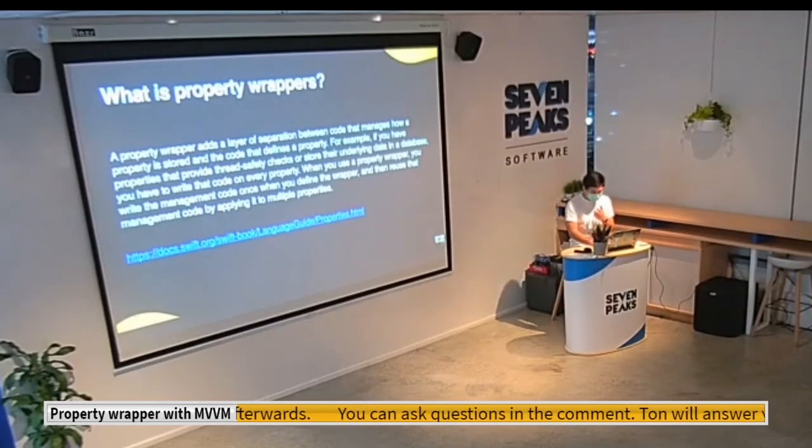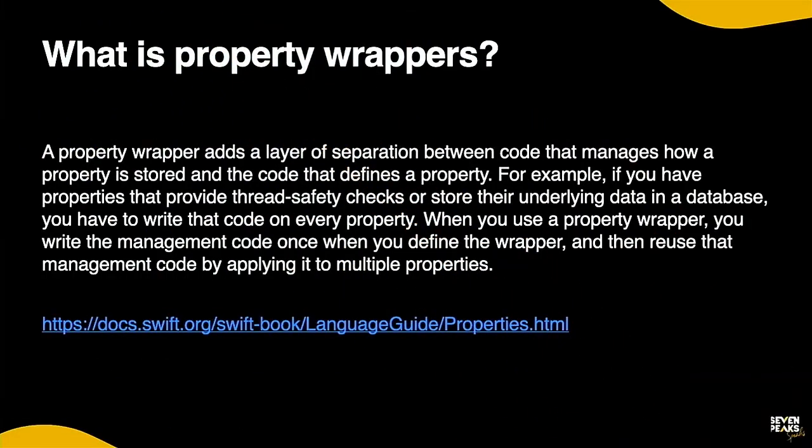This is a tool provided by the Apple language and is one of the Swift language features. And a property wrapper adds a layer of separation between code that manages how a property is stored and code that defines a property.